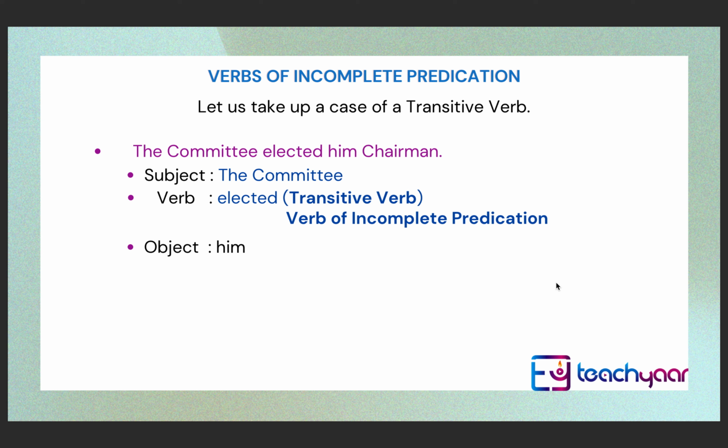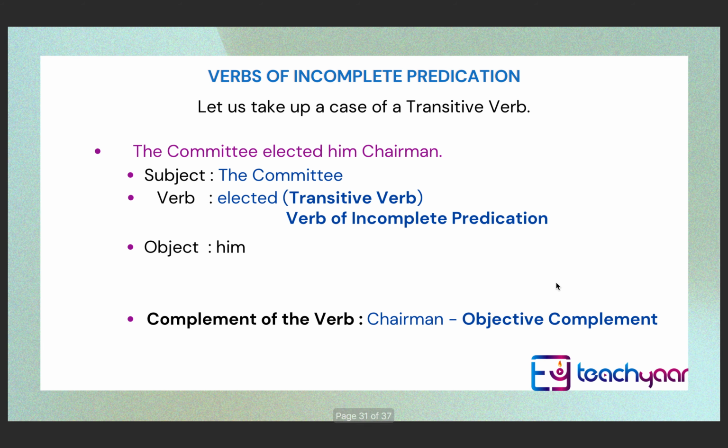So what do we do now? We have to have a complement. So what is the complement? Chairman. So that is the word which we have added to complete the predicate. And because it is describing the object, it is an objective complement.